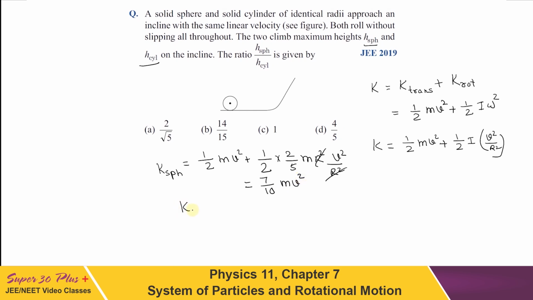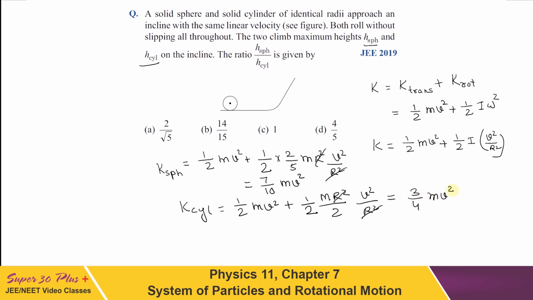K for the cylinder will be half mv square plus half, where for the cylinder, I has to be equal to 1 by 2 mr square. So, this is mr square by 2 into v square upon r square. Again, these two got cancelled and the final result is 3 by 4 mv square.